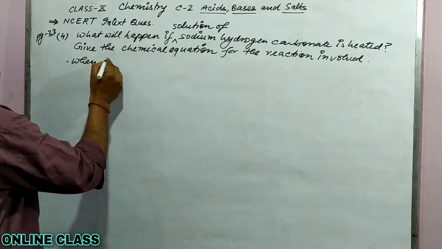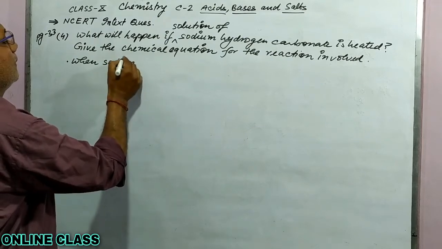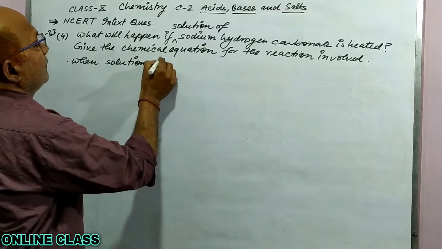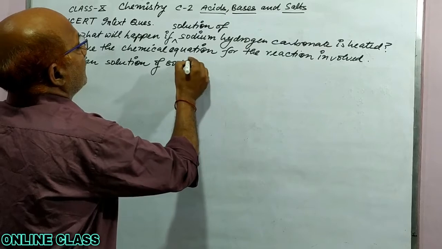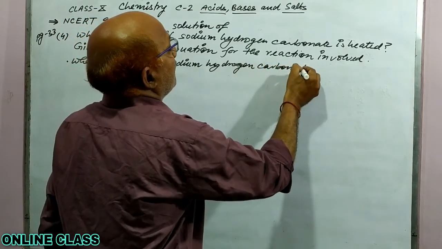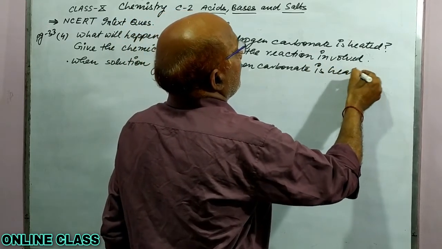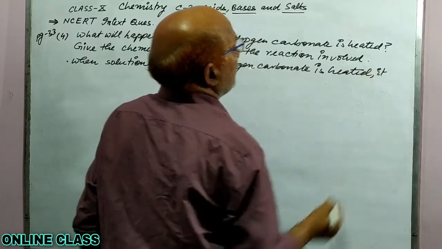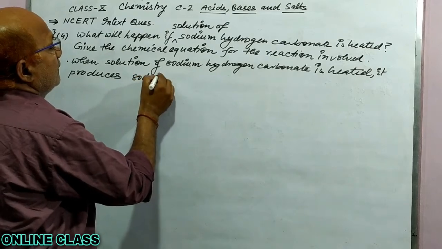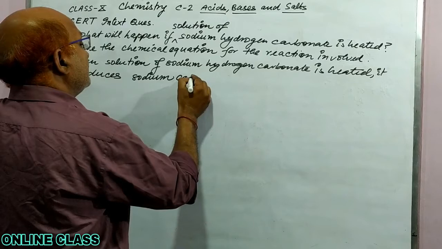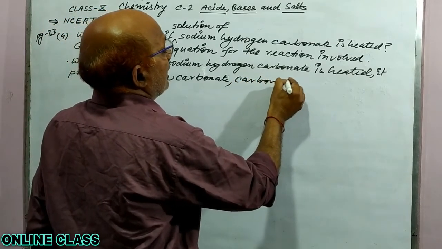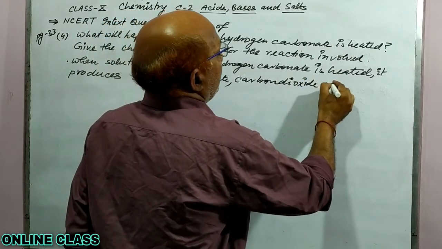So, when solution of sodium hydrogen carbonate is heated, it produces sodium carbonate, carbon dioxide and water.